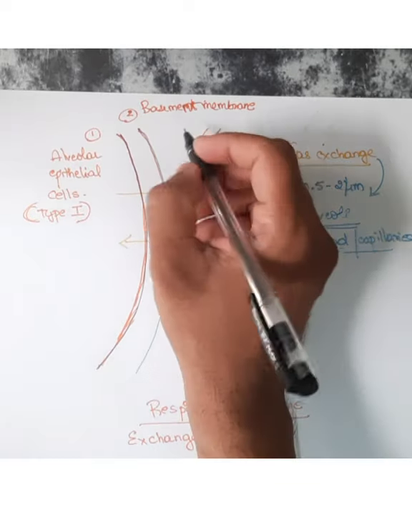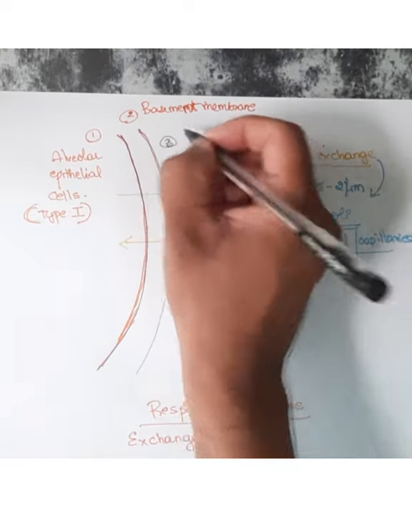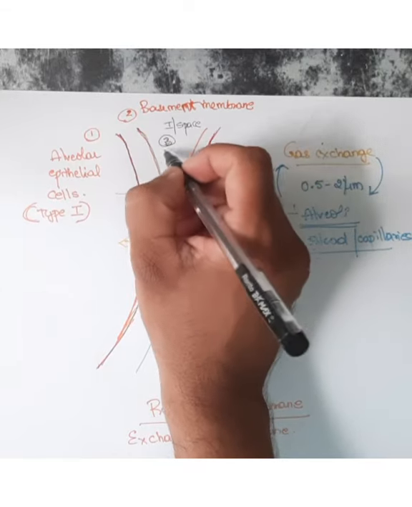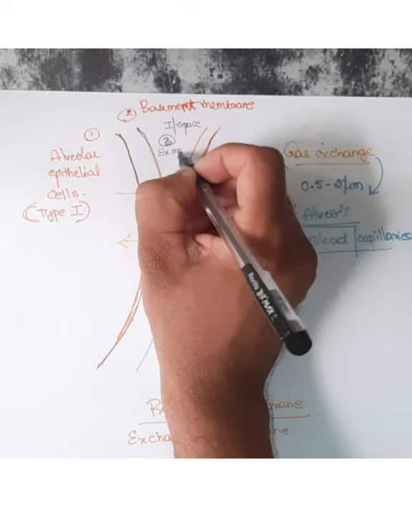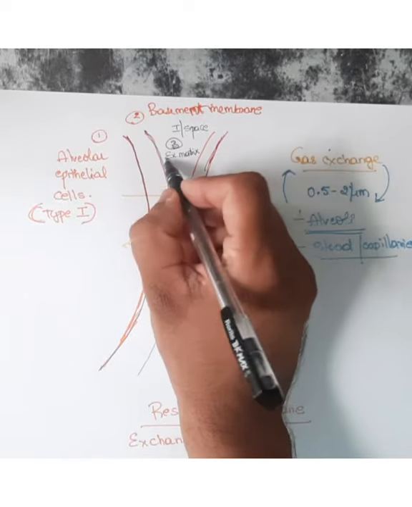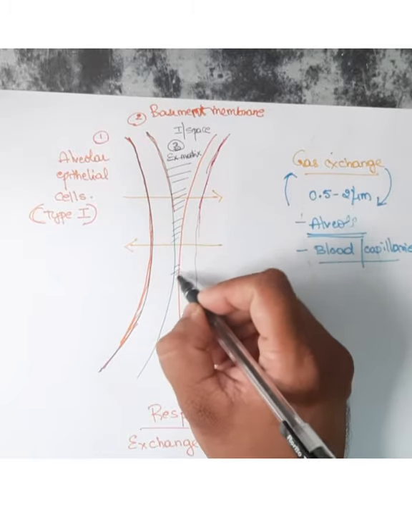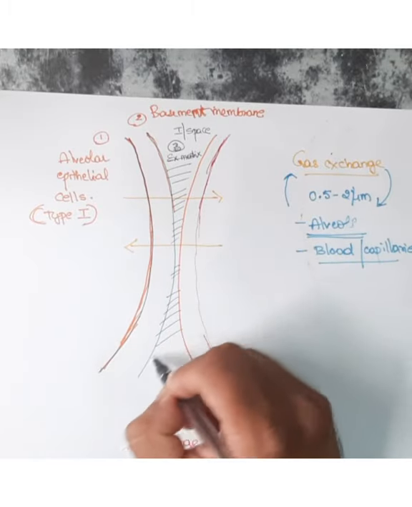The third is the interstitial space or extracellular matrix space, which consists of interstitial fluid.